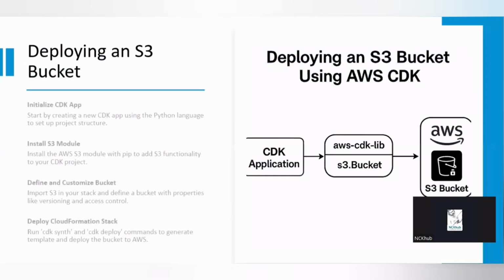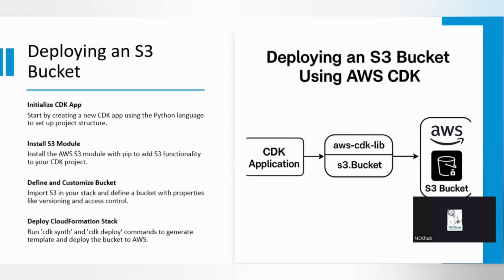So now let's see a sample example. I'm not going to create it as of now, but I have shown you the code. To deploy that code, what do we have to do? First we have to install our CDK. Next, install the S3 module.